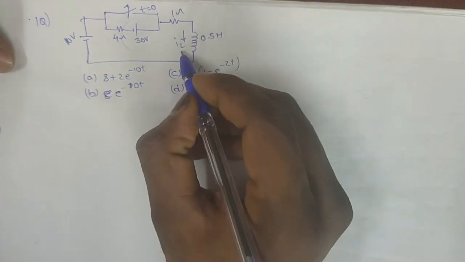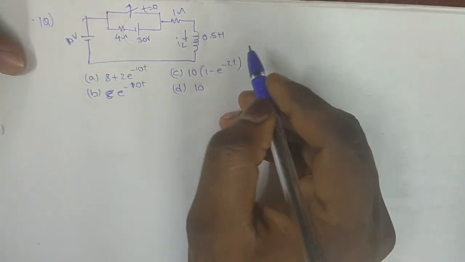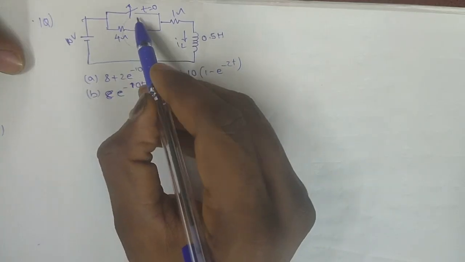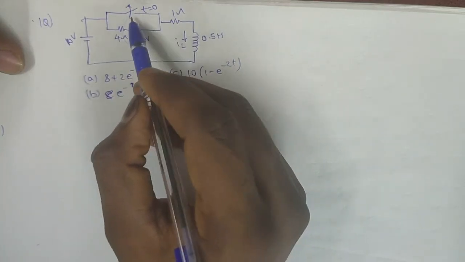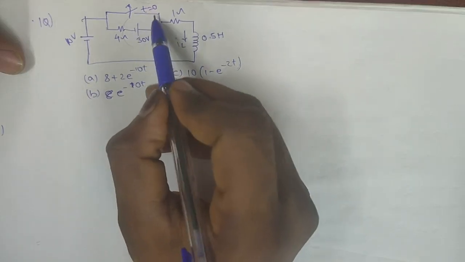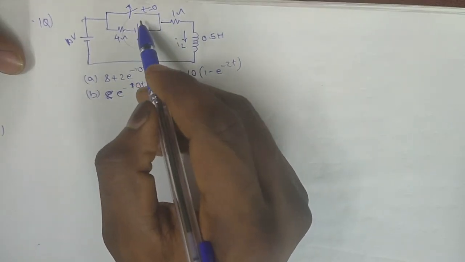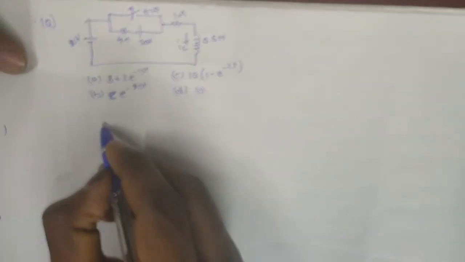In this question, we need to find I of t. So at t is equal to 0, the switch is opened. At t minus, that is before opening the switch, it is closed. So we will redraw that circuit.